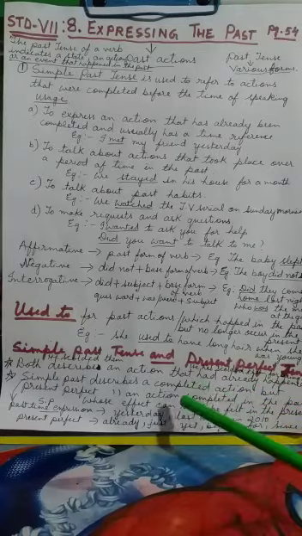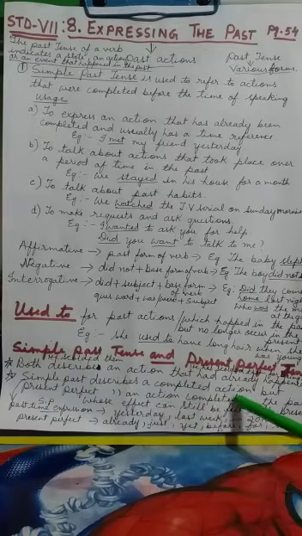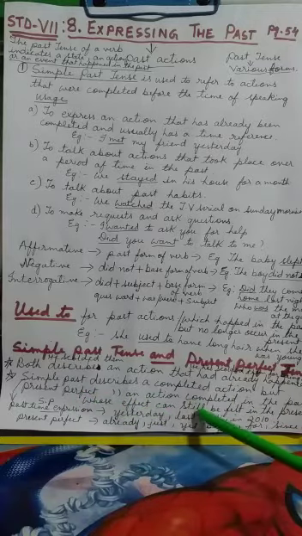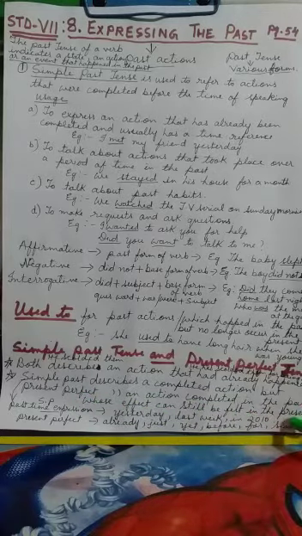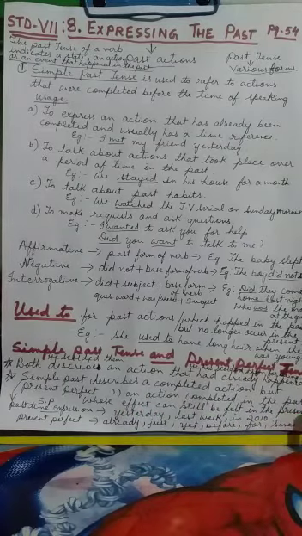But there is a difference. Simple past tense describes a completed action, the action which has completed in the past. But present perfect tense describes an action completed in the past whose effect can still be felt in the present.